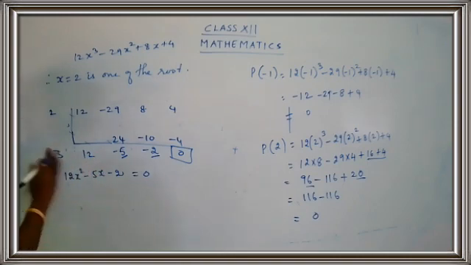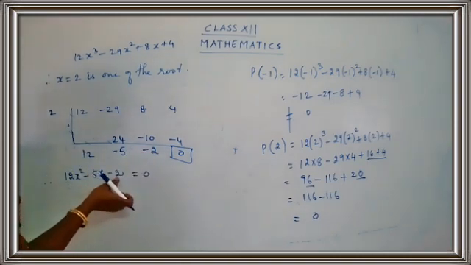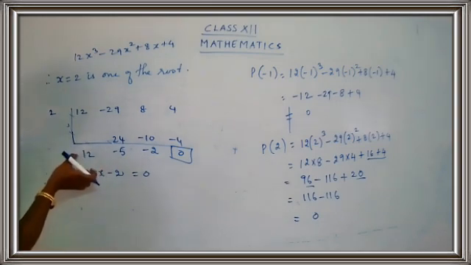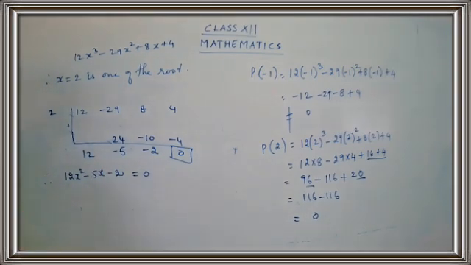So always go from the last. Minus 2, minus 5x, plus 12x square. So you get 12x square minus 5x minus 2 is equal to 0.